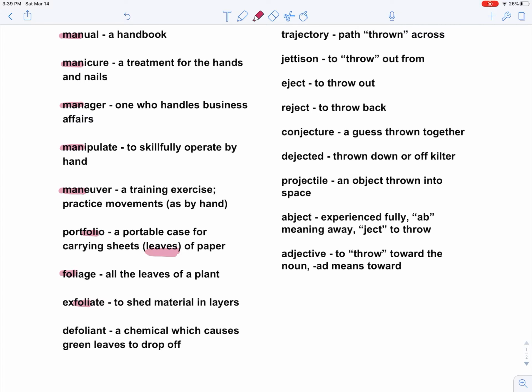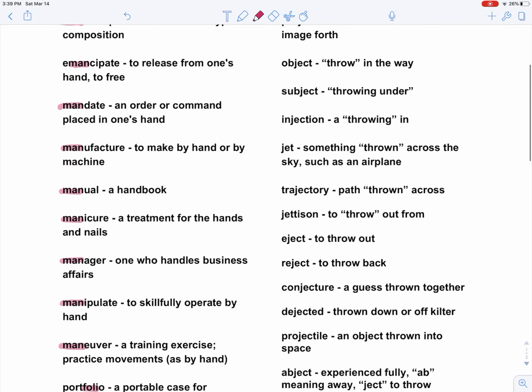So to shed the material in layers, to get them out in layers or off. And then we have defoliant. So here's this foli, and de meaning removal. So a chemical which causes green leaves to drop off, the chemical removes the leaves.